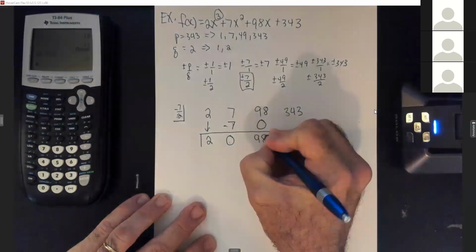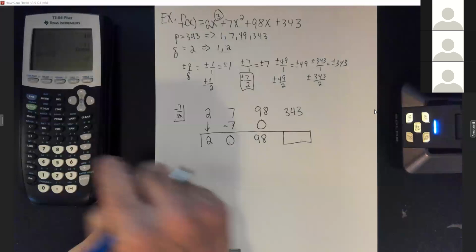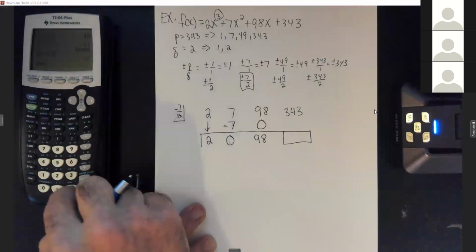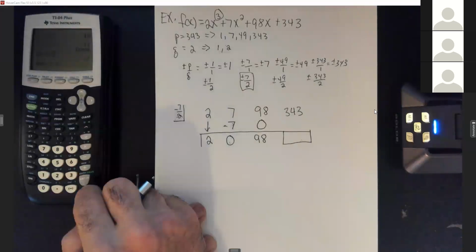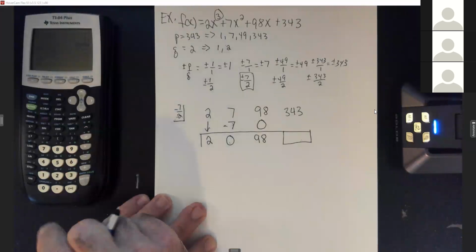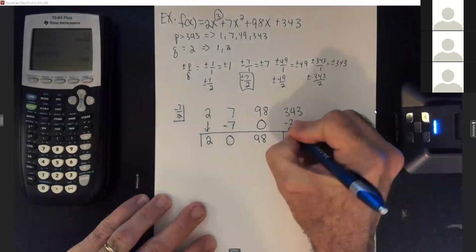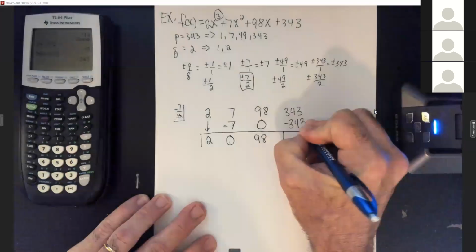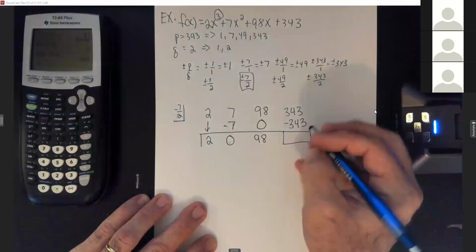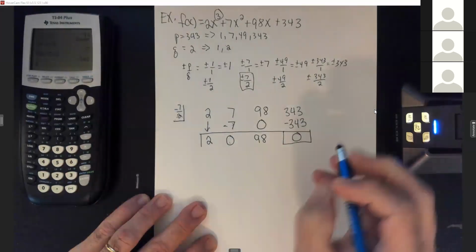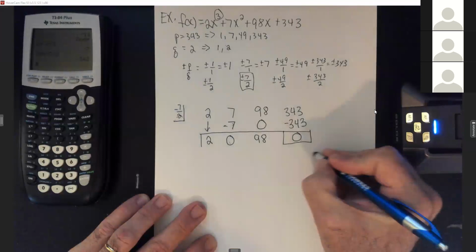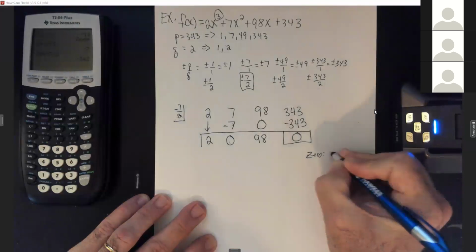And then at this point, 98 times a negative 7 divided by 2 equals a negative 343. And y'all look at that, 343, negative 343, give me a remainder of 0. So I know my first 0 is going to be a negative 7 halves.